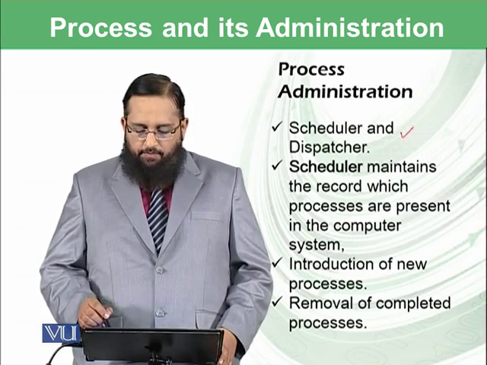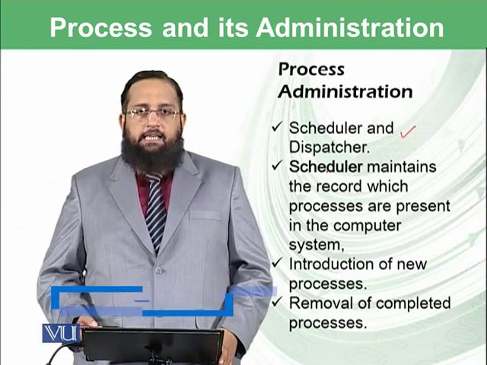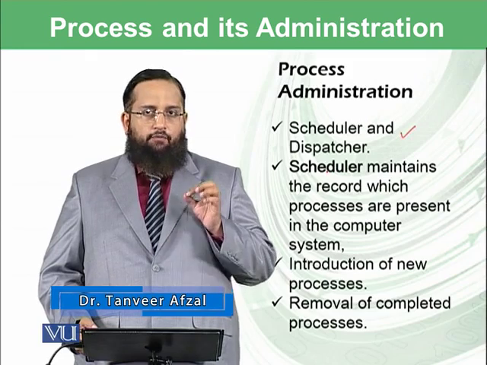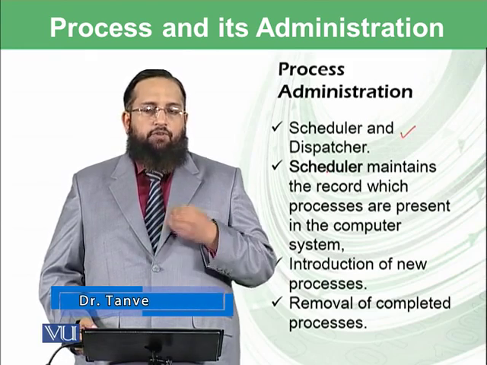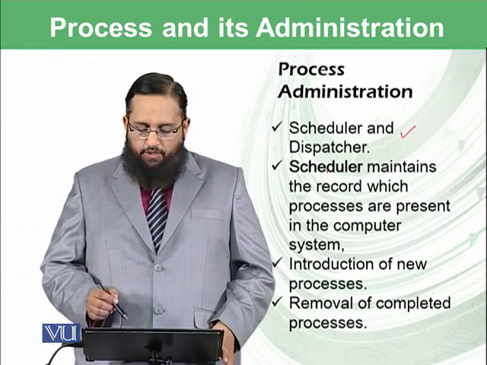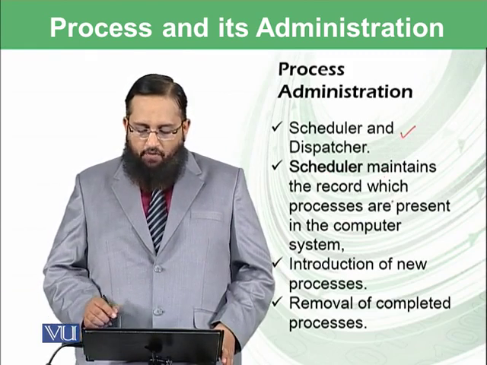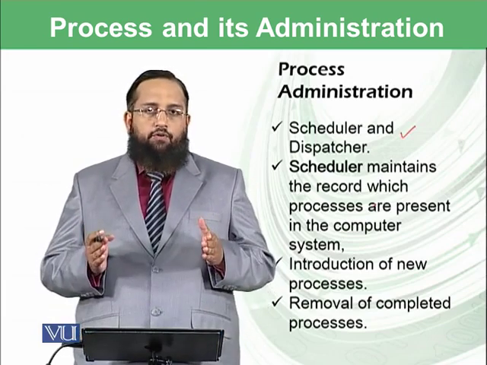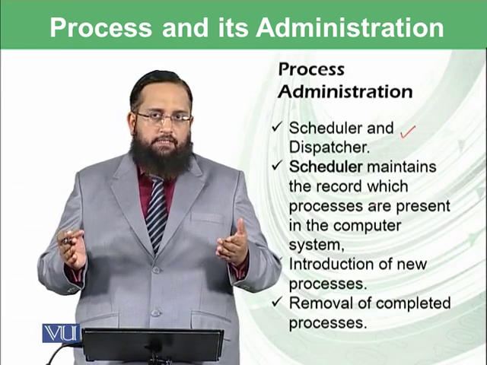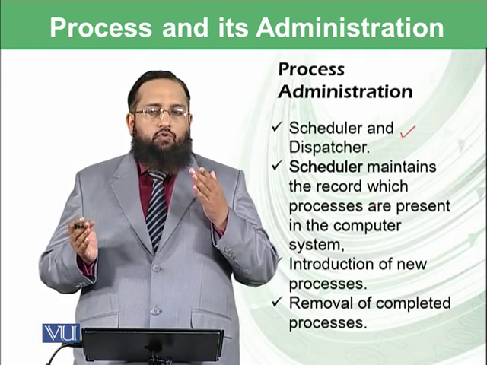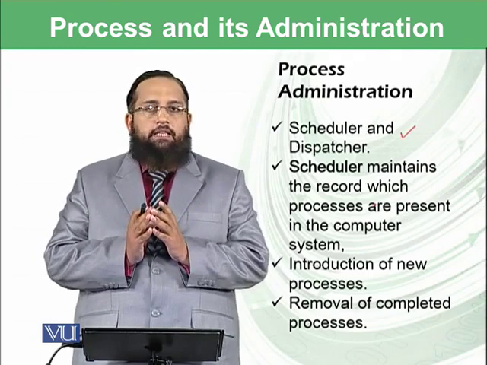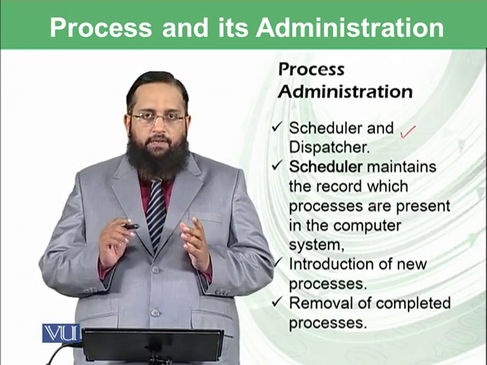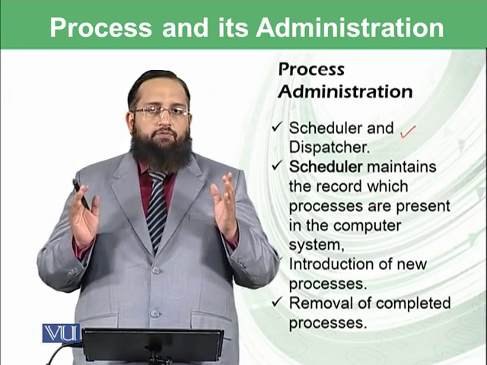In one of the previous modules, we discussed that these are very important components and functionalities of the operating system, which we are going to discuss now. The scheduler maintains the record of which processes are present in the computer system. For example, if you have launched 5 applications or 5 processes, the scheduler maintains the record that these 5 are available.